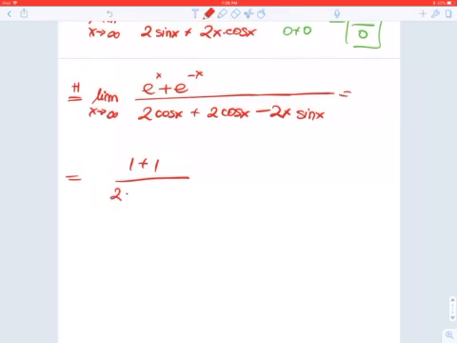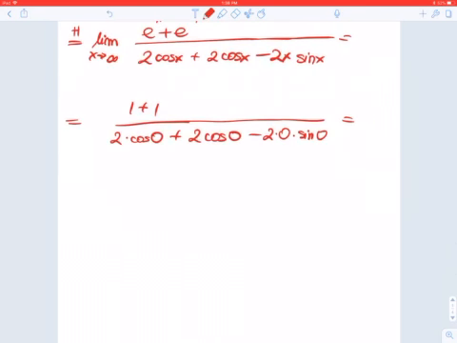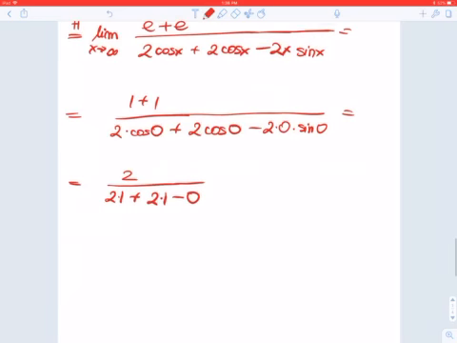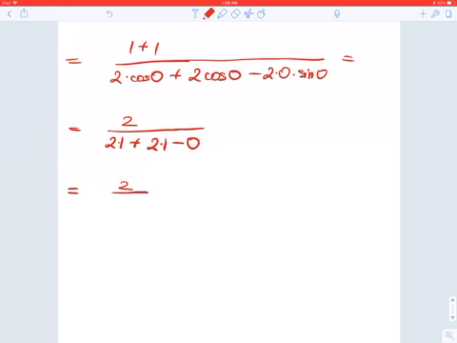Excellent, I don't have 0 on the top. 2 times cosine at 0, which is 1. Plus 2 times another cosine at 0. Minus 2 times 0, sine at 0 is 0. So my final answer is 2 times 1, 2 times 1, minus 0. 2 times 1 is 2, 2 plus 2 is 4. The final answer is 4.